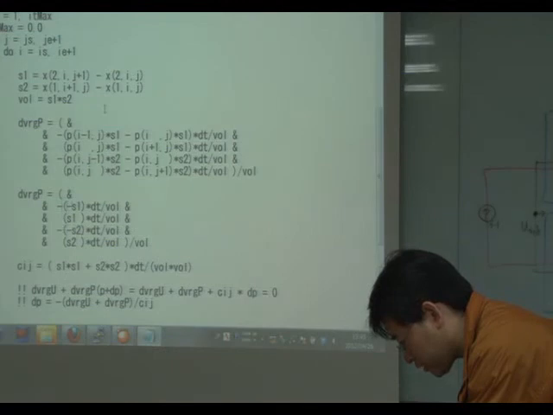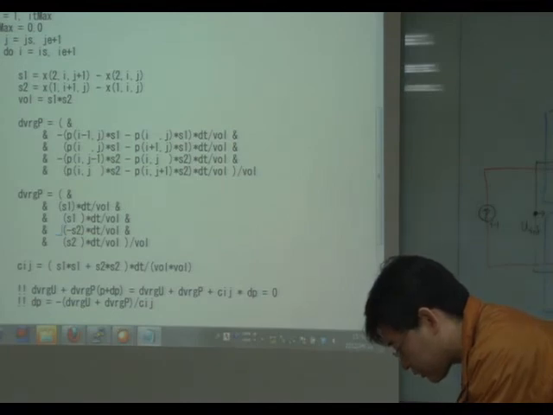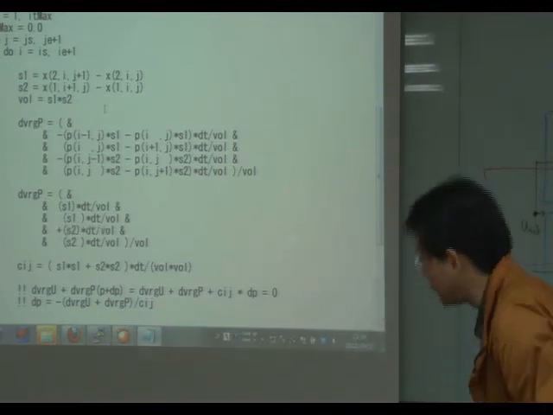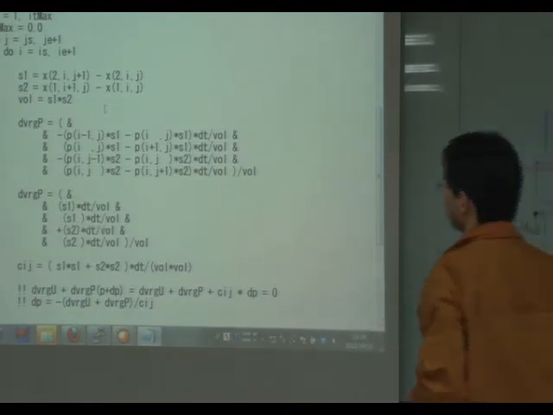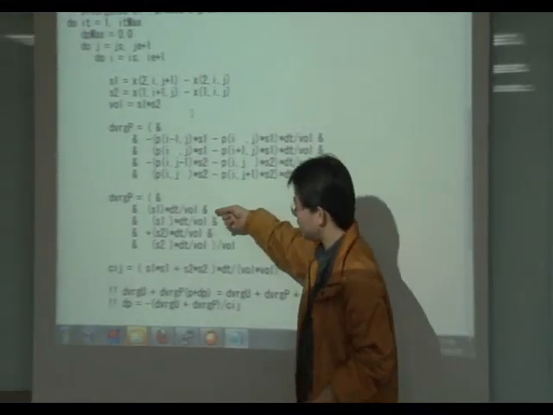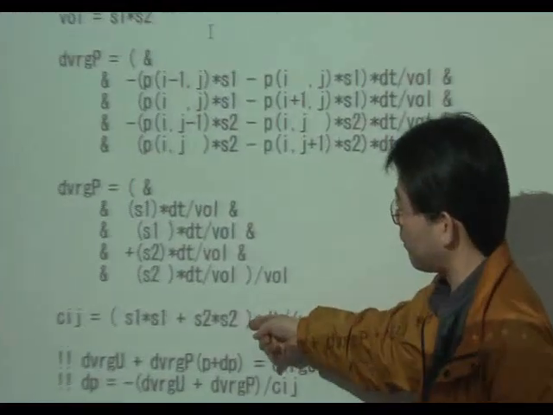Minus times minus, so it is plus. This one is also plus. Do you understand? Then the result is this one.